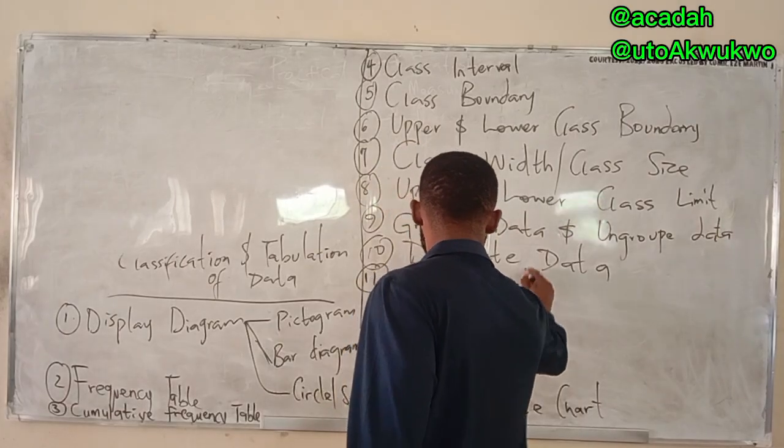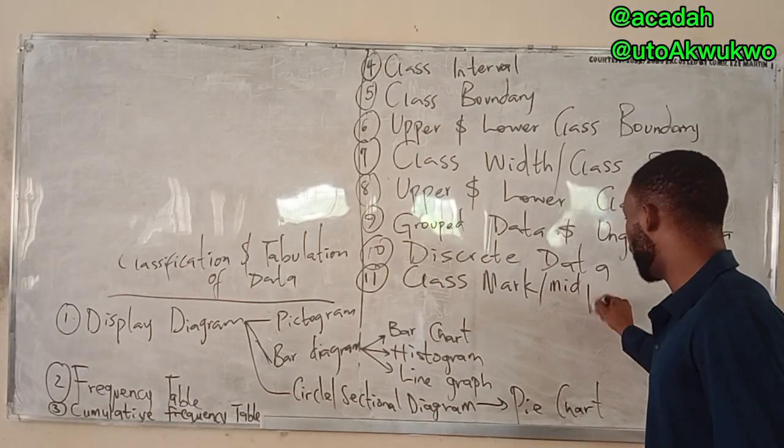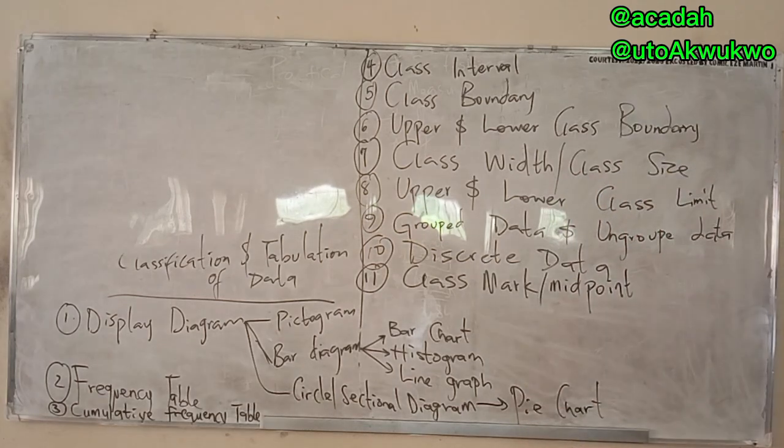So on the horizontal axis, you write class mark or midpoint. You now open bracket and write, this is for grouped data. We'll start taking examples soon, and you will understand it better. You close the brackets.